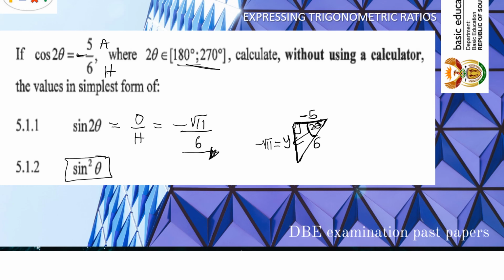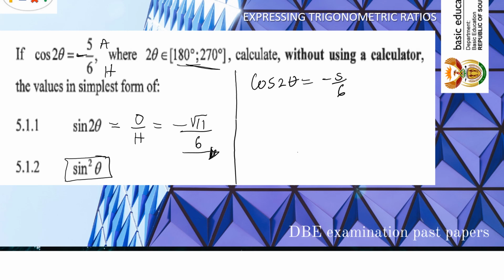That's it. What is our given information? Let's look at our given information. We are given that cos 2 theta is equal to minus 5 over 6. I'm going to simplify my given information in such a way that the angle becomes theta. Then I can express sine squared theta in terms of those values.